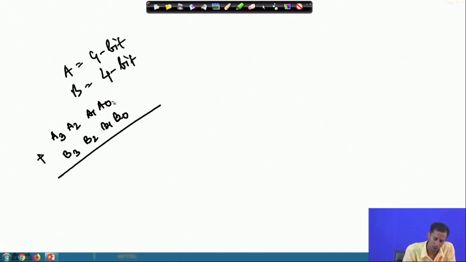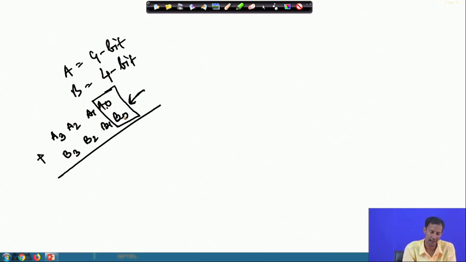Now, if I add these two numbers, considering only the two LSB bit positions, what will happen? This is nothing but a full adder, right. Nothing but a full adder cell means there is no other input affecting this particular logic, so there is only A0 and B0.